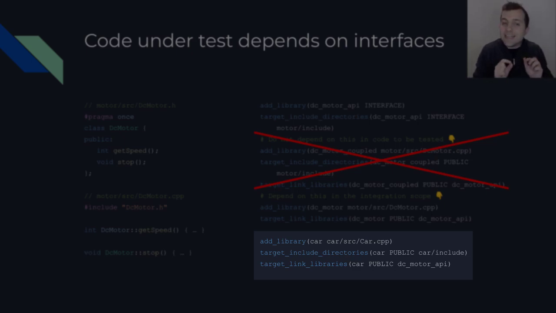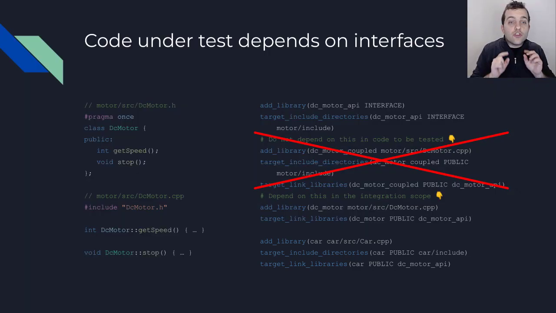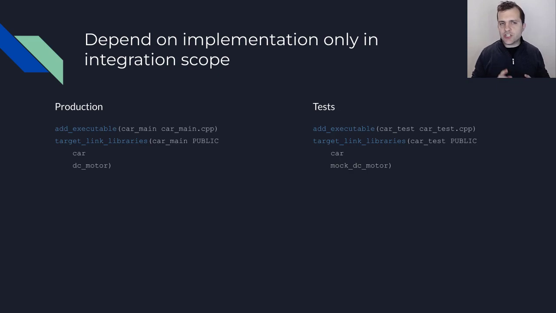Therefore, the related target, car, should only depend on the API target, the DC motor API. At the integration scope, we should depend on both the code under test and a target containing an implementation, otherwise we will get link errors. Our production target would depend on car and DC motor, while our test target would depend on car and mock DC motor. Let's take a quick look at the mock implementation.